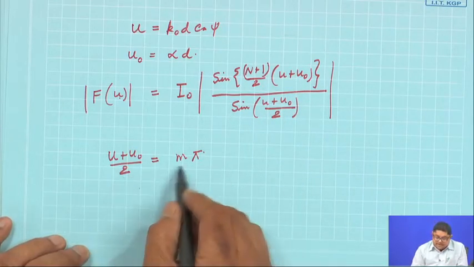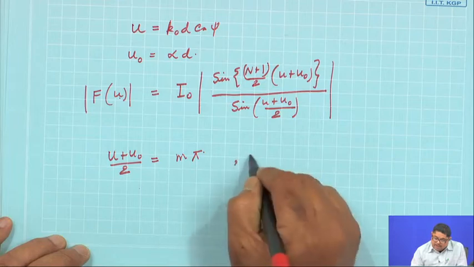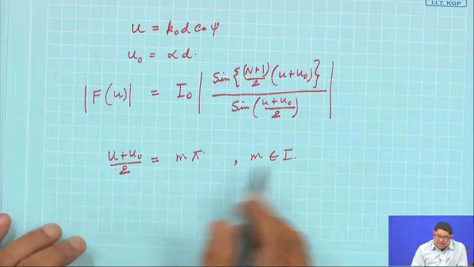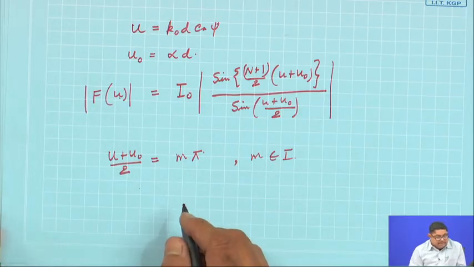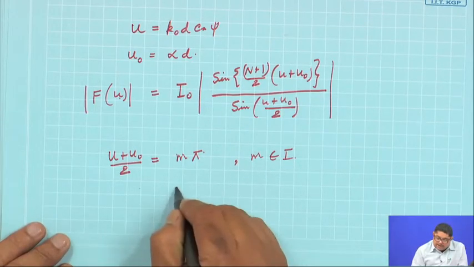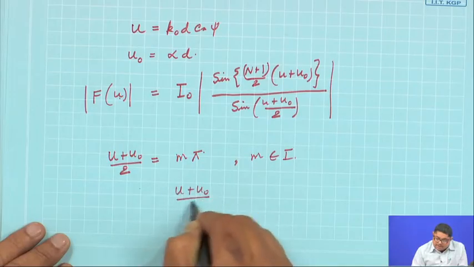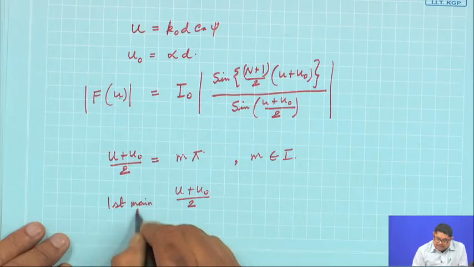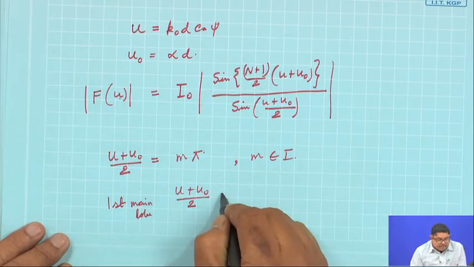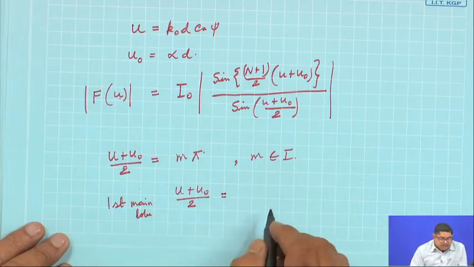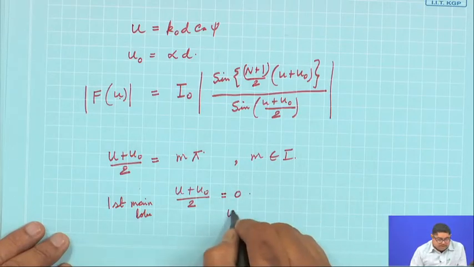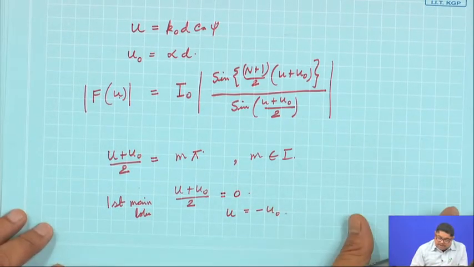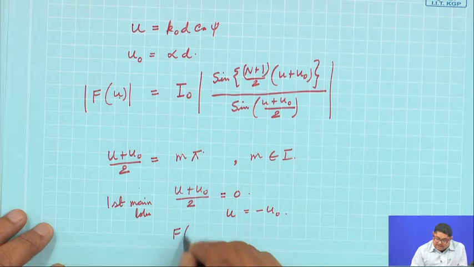So u plus u naught by 2 equals m pi, where m is any integer. Now you can find the first main lobe, which will occur at u is equal to minus u naught.